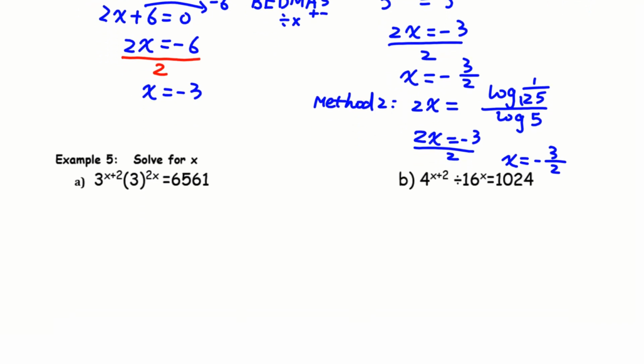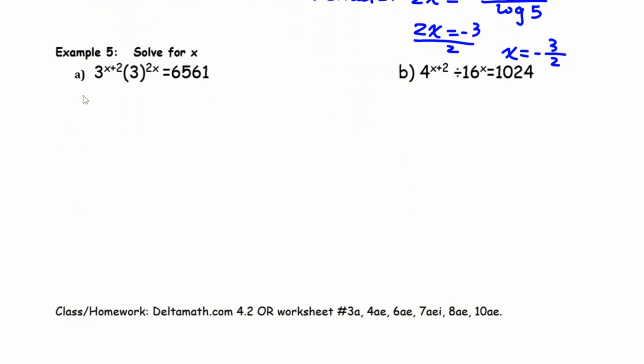Then the next one is not one power. You need to do a little bit of simplification. So 3 to the exponent x plus 2 times 3 to the exponent 2x. We want one single power. With the same base and multiplication, we add the exponents. This is the multiplication law.